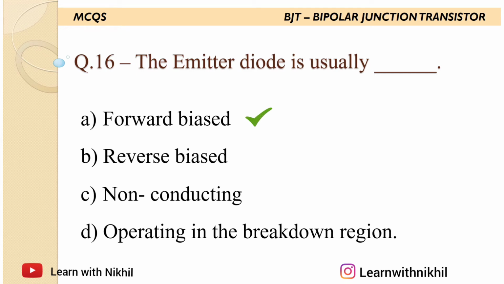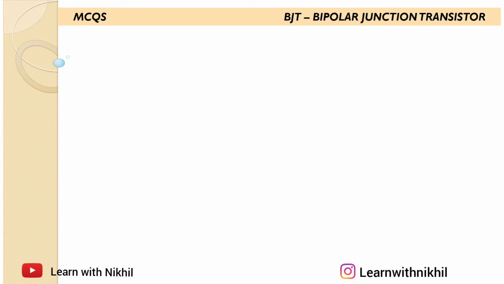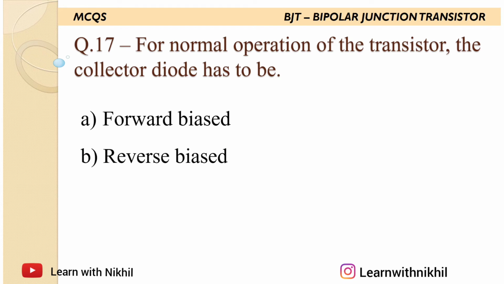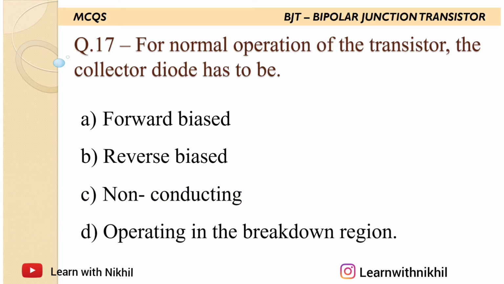And the answer is forward biased. Next question. For normal operation of the transistor, the collector diode has to be A, forward biased; B, reverse biased; C, non-conducting; or D, operating in the breakdown region. And the answer is reverse bias.